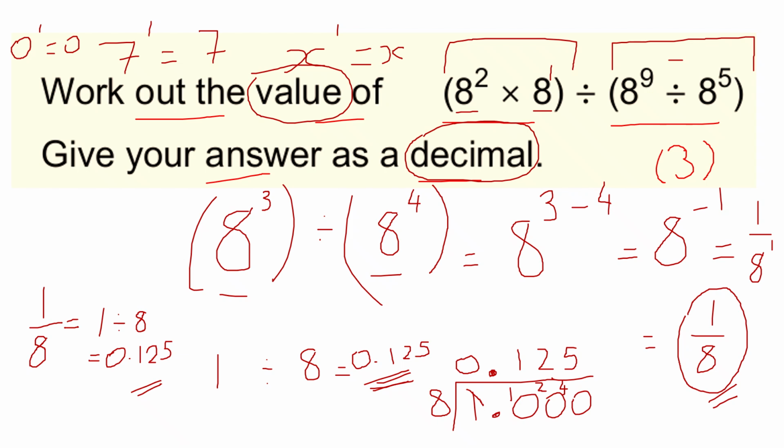But essentially, 1/8 as a fraction means 1 divided by 8. It means the numerator divided by the denominator. So 1 divided by 8, and we get 0.125. Okay, thank you.